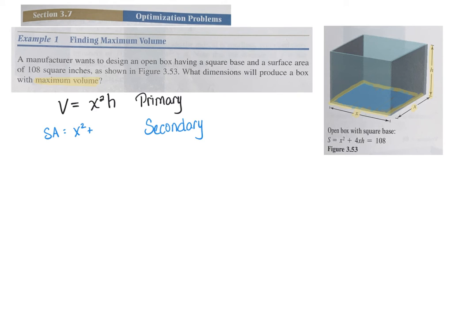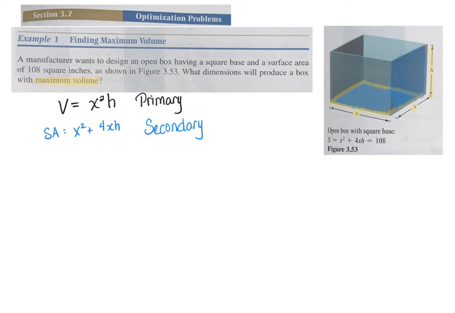Since it's a square base, every side is going to be x by h. Everybody see that? Every side is x by h. And how many sides do I have? 4. So 4xh. Now, if I had a top, then I would have to consider that as well, and I would have 2 of those x squareds. But I don't have a top, so I only have to worry about this particular one. I don't have to worry about adding the top in, all right?